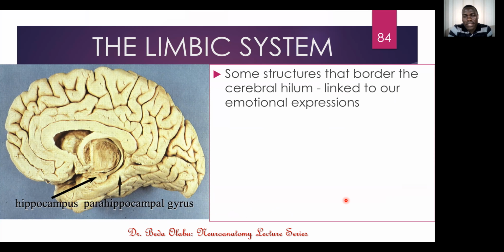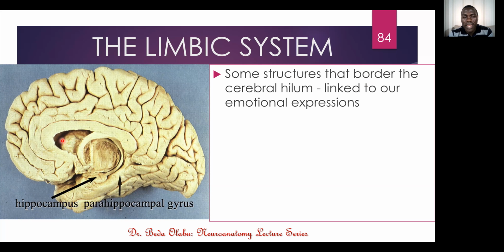These structures have a link with expression of emotions. The term limbic here does not refer to the limbs. The term limbic here is a Greek term which means bordering or edging. They border the cerebral hilum.